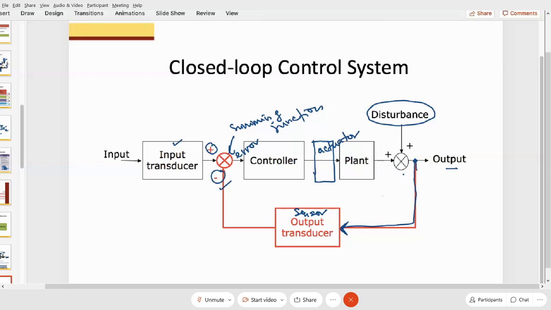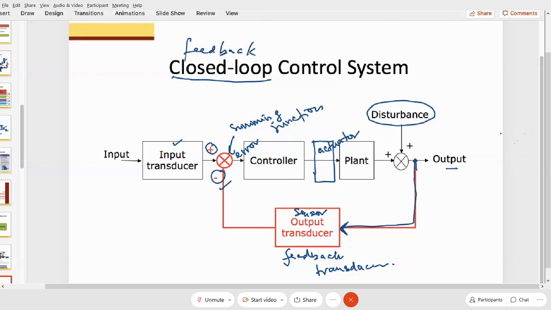So the difference between open loop and closed loop is that in the closed loop, we have the output transducer, or we call it feedback transducer. You may find in books that it is called feedback control system, while some books use closed loop.